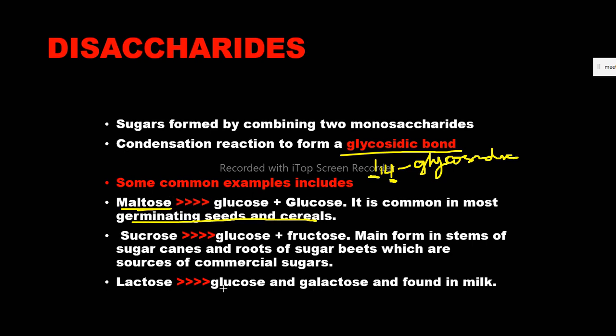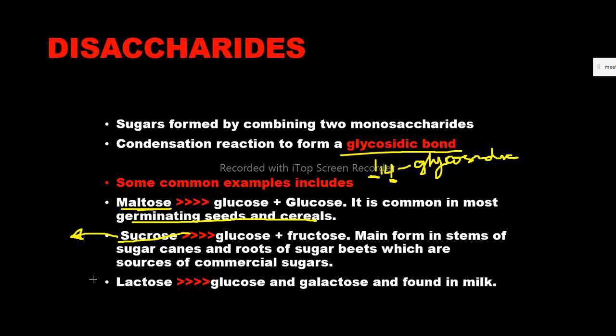and that it is common in germinating seeds. Then we gave sucrose, where we were able to discover that actually this is the sugar that we take every day, every morning, every lunchtime, and every supper. Some of us who take tea like nothing.